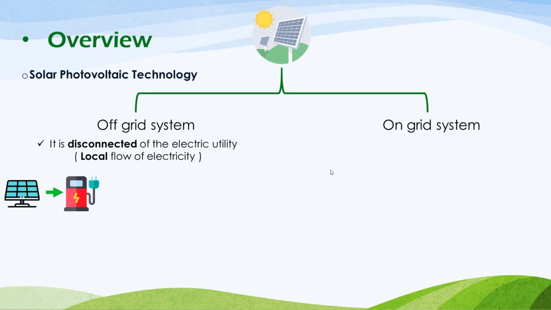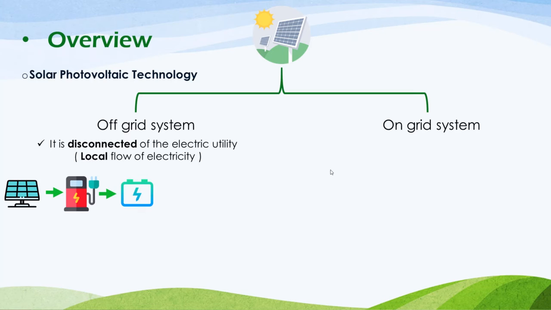The power then leaves the charger and enters the batteries, and we use the batteries to store the electrical energy so we can use it later, at any time we need. This is because sunlight comes only during the day, but suppose we need to use electricity at night, so we use batteries to keep the electricity stored for whenever we need it.